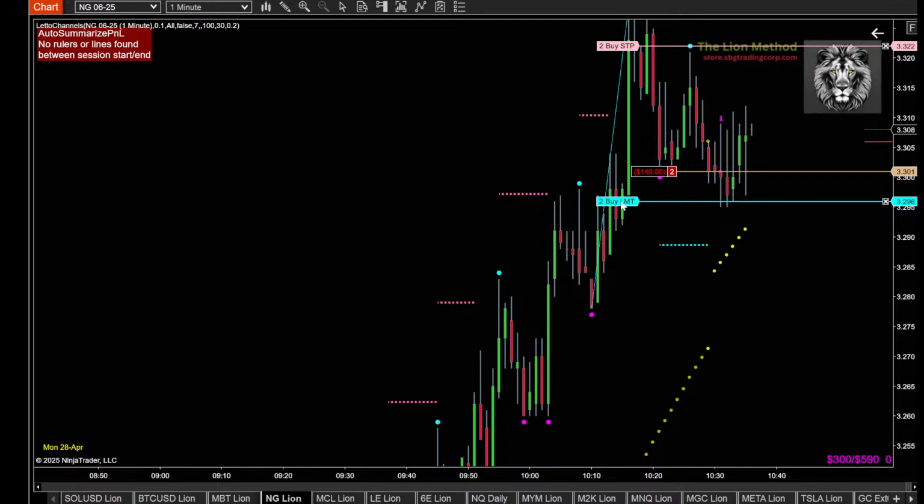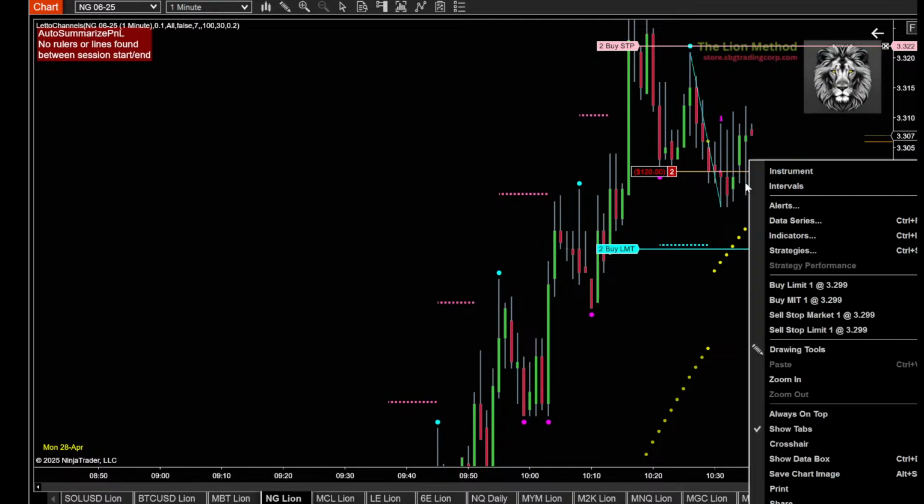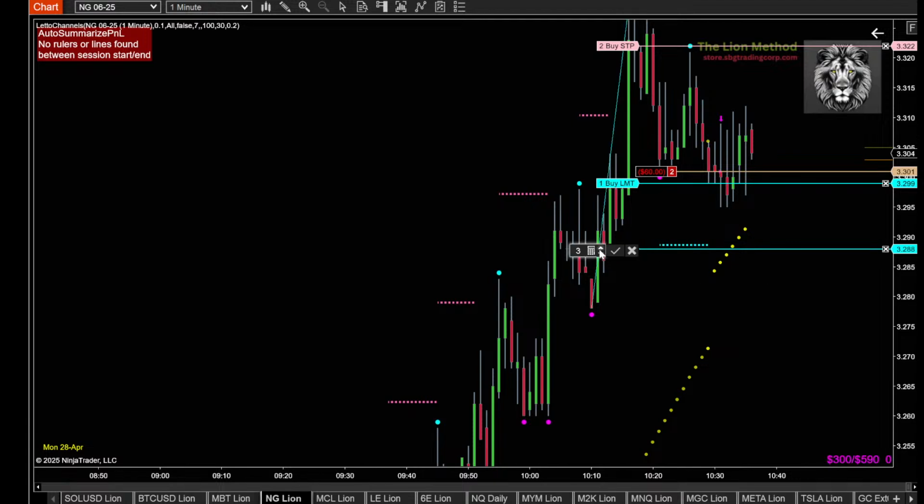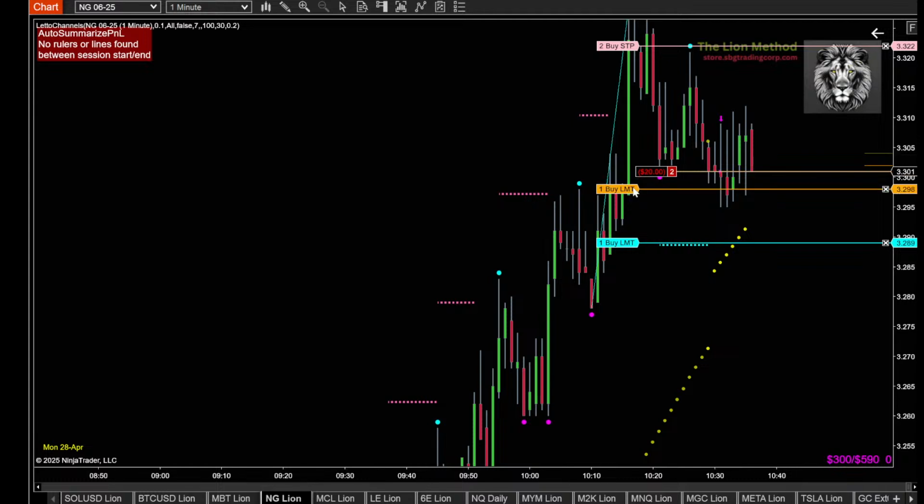All right, we finally got our level to print. Tell you what we'll do. Let's go and do a buy limit here. I'm going to reduce that, but I'm going to keep my target. So we'll reduce our risk that way. Let's get out of one contract. And we're just fighting for that one little tick.